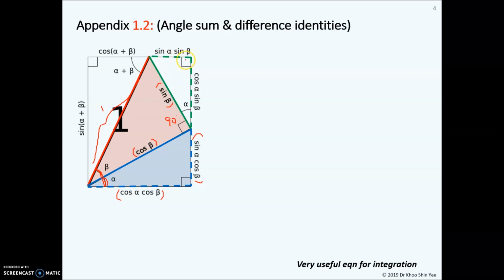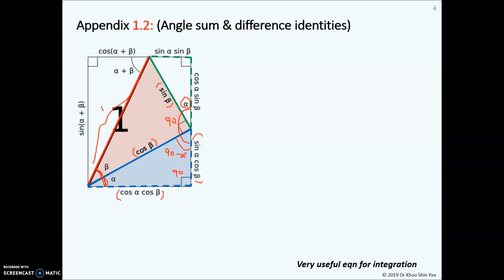Let's continue with the green triangle. First of all, we have to find the angle here. To find this angle, we know that the total angle here is 180 degrees. And the angle here should be 90 minus alpha.